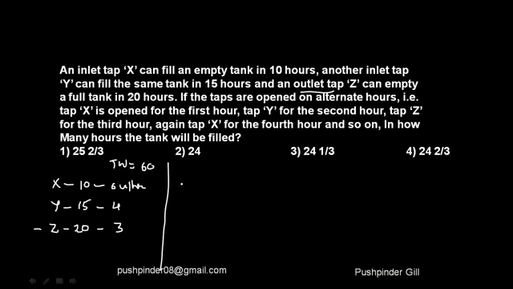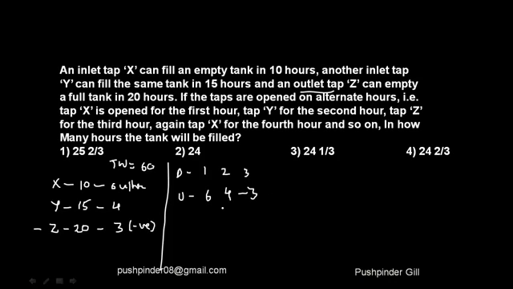Now let's see. These are the number of hours and these are the number of units. So this is -3, negative. On the first hour, it is the turn of X. He fills 6 units. On the second hour, it's the turn of Y. He fills 4 units. On the third hour, Z empties 3 units.